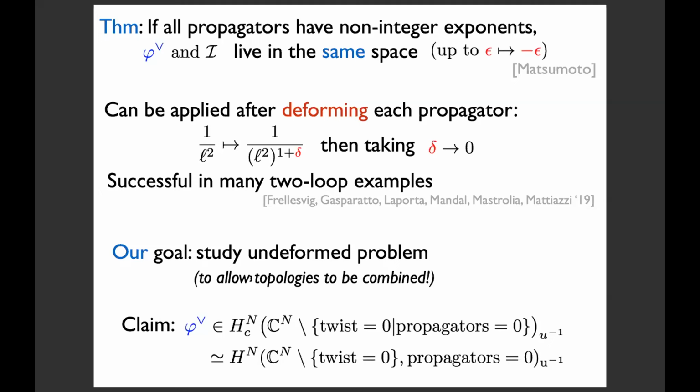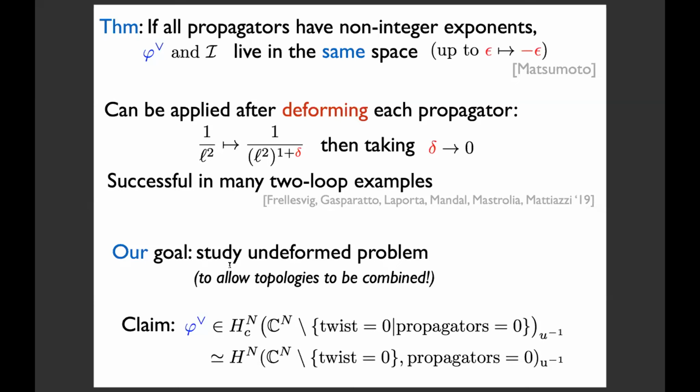We'd like a method that allows us to combine all the graphs together. For that, we have to go back to the undeformed problem; at least I don't see how to do it otherwise. The problem is already deformed a lot for my taste by adding epsilon, so I'd rather not add an extra delta.